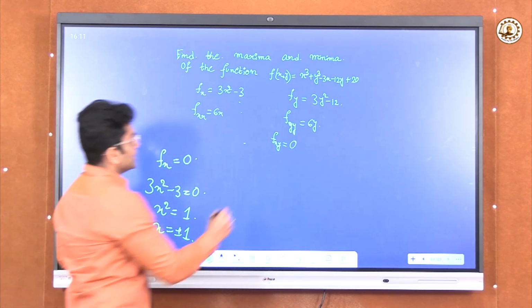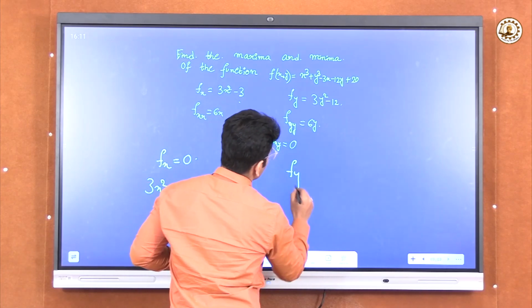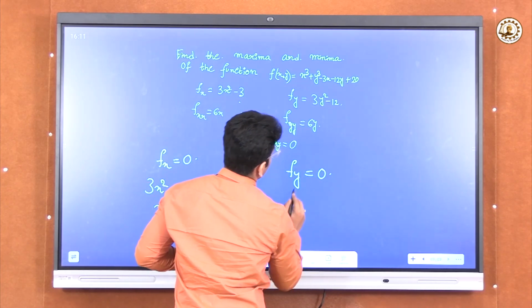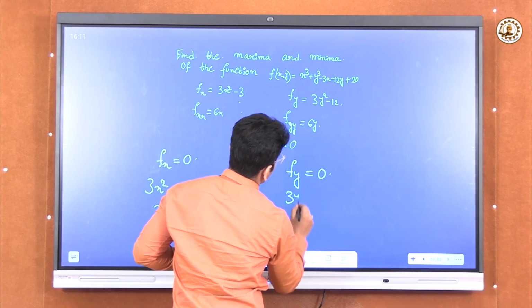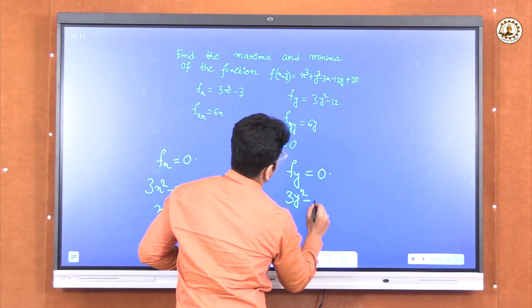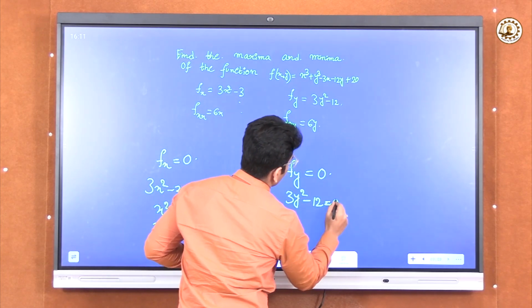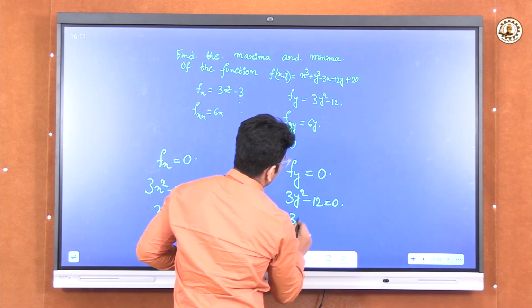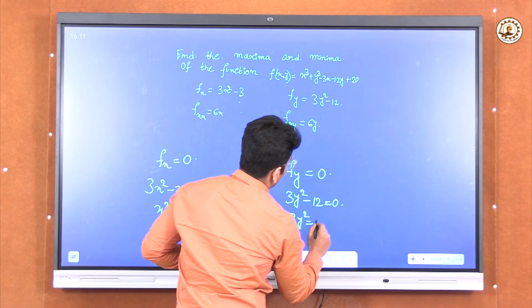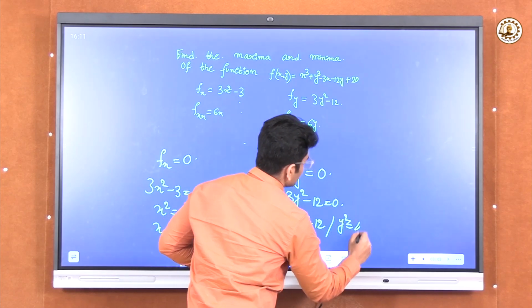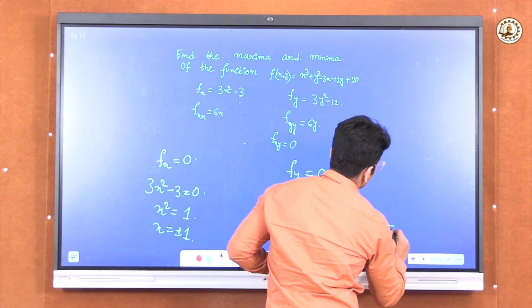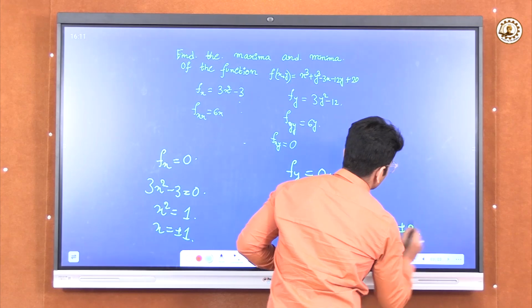Similarly, fy equal to 0 gives 3y square minus 12 equals 0, so 3y square equals 12. So y square equals 4, that means y equals plus minus 2.